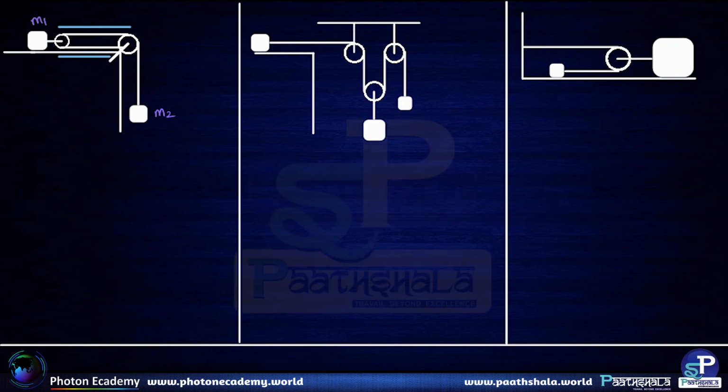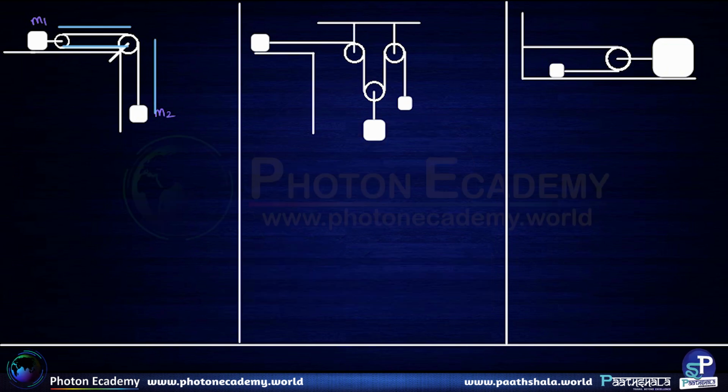So this part of the string also happens to be of the length x1, this part, and we are going to assume the distance of m2 from the rigid support to be x2. So this distance is x2.